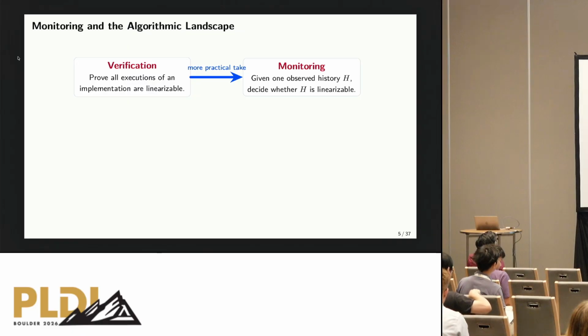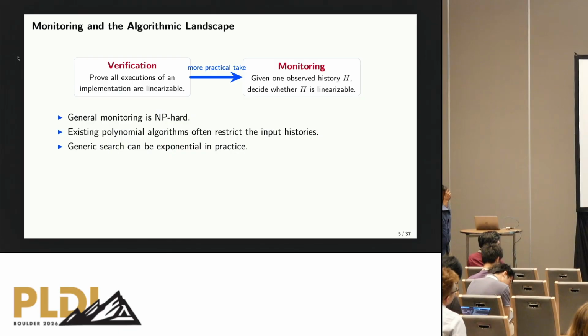They try to test these implementations, think of it as a very giant fuzzer that is testing these implementations. And as part of this testing, one has to effectively answer this question. You're given a history, and you want to check if that history is linearizable. So that is the monitoring problem that I'm looking at.